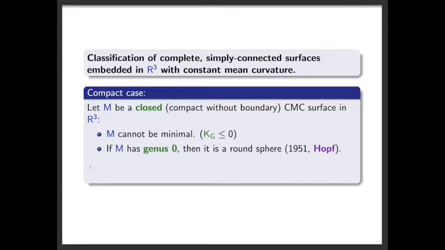And if M is embedded, but not necessarily genus 0, then it was proven to be a round sphere by Alexandrov. These two classifications of the round sphere are very similar in flavor, but in fact the proofs are very different.